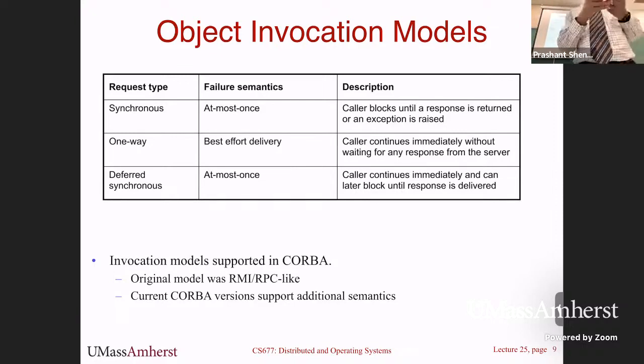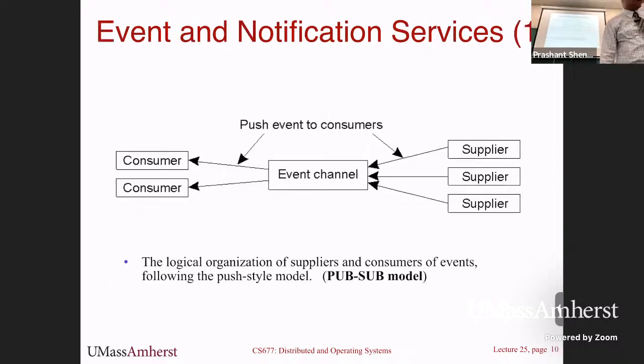Is it a one-way RPC where you just send the RPC and don't wait for an acknowledgement? Is it a deferred synchronous RPC? Is it an asynchronous RPC? All of these actually came from CORBA. They were the ones who decided there are different ways to invoke an RPC call. The standard blocking synchronous one is not the only one. So that's supported here, and we had already looked at that when we talked about RPCs.